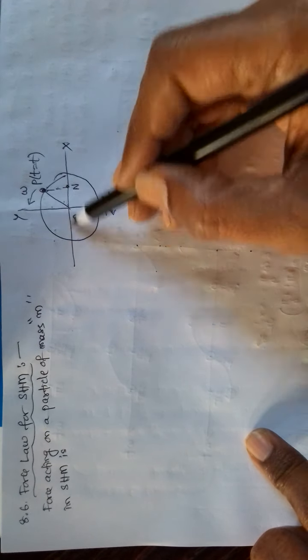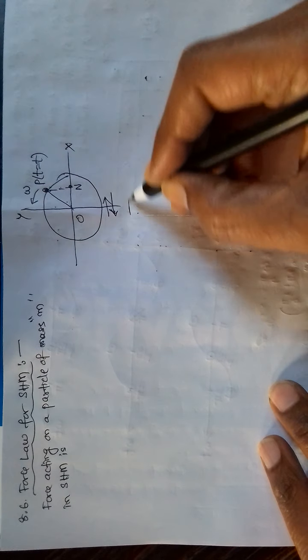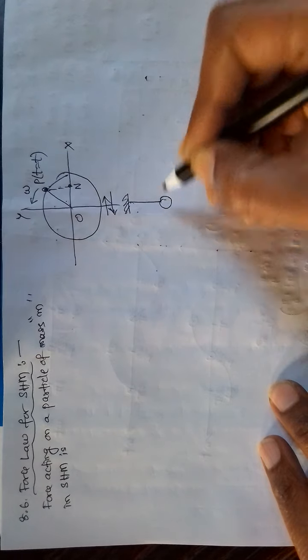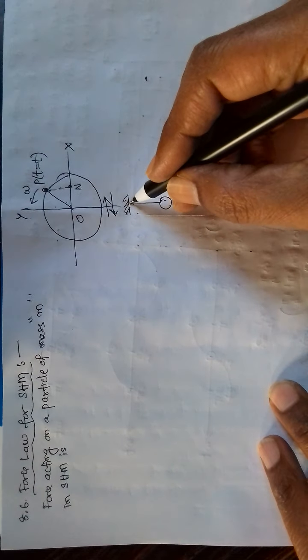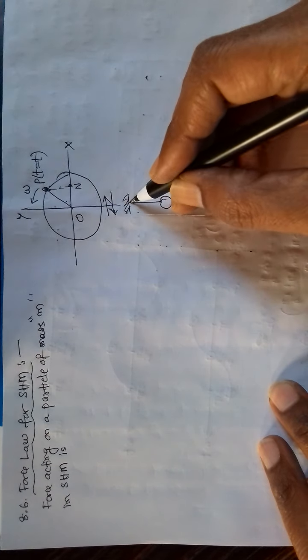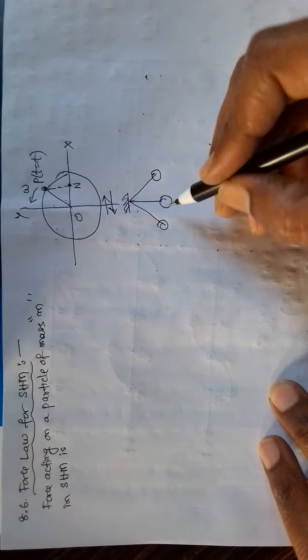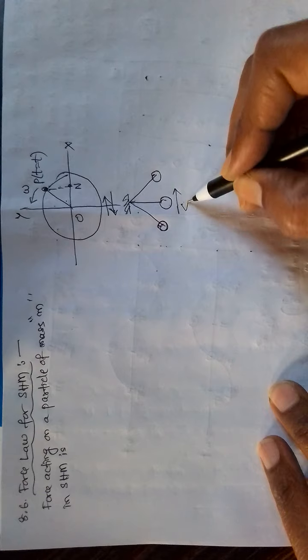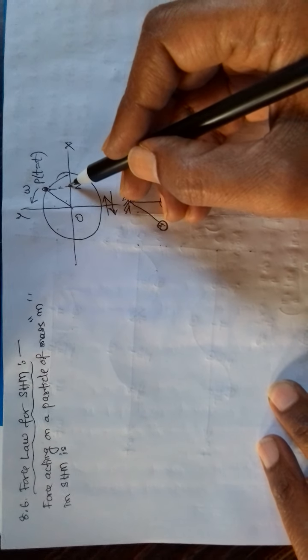Okay, so see, for the projection point, we can take an example, for example a simple pendulum. Let us take a simple pendulum. Its bob is moving to and fro, just like the projection point.